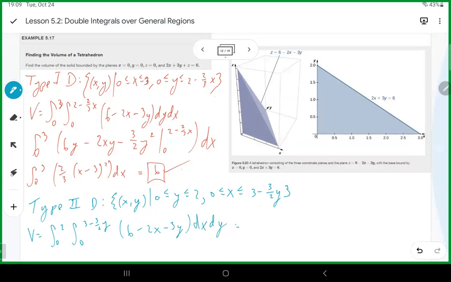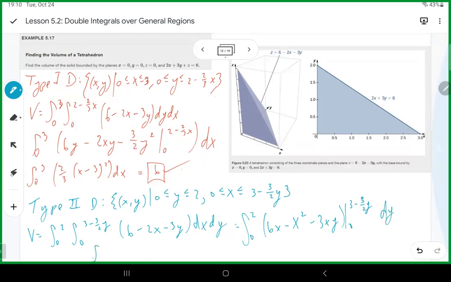So 0 to 2, 6x minus x squared minus 3xy, from 0 to 3 halves y, dy.